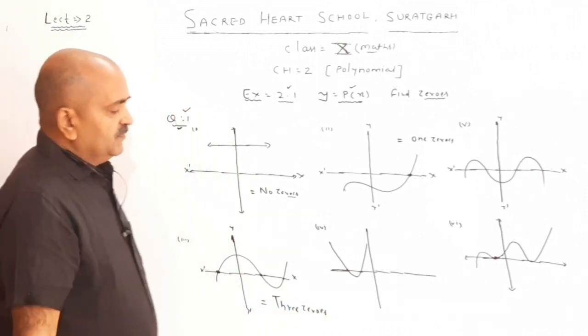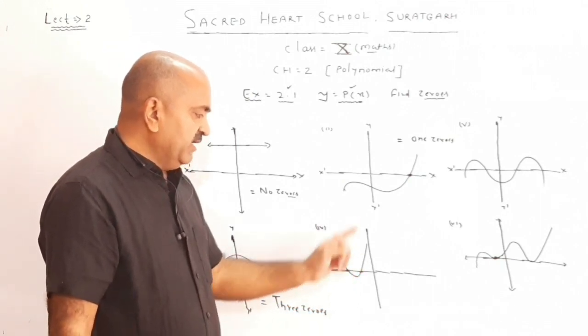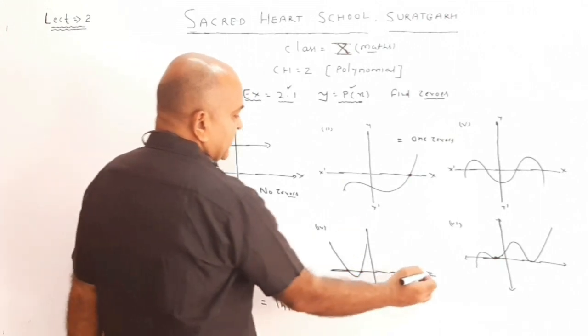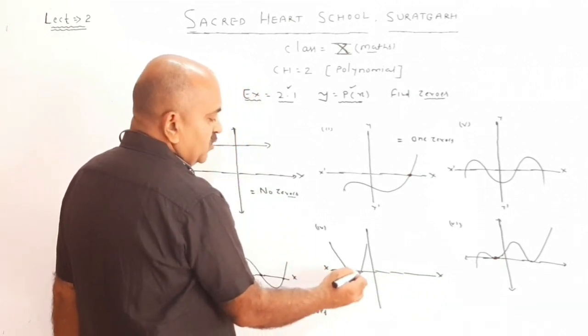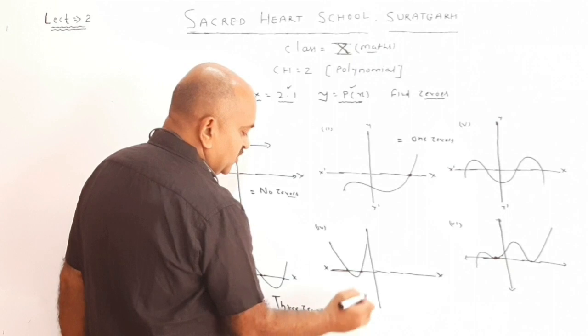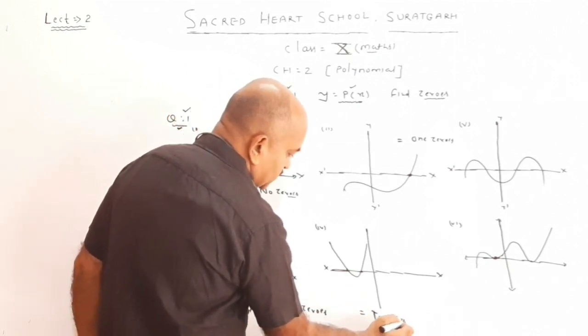And students, in the fourth part, this graph intersects the x-axis. How many points? 2 points. So how many zeros of this polynomial? 2 zeros.